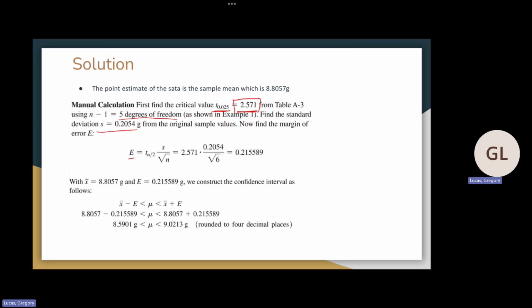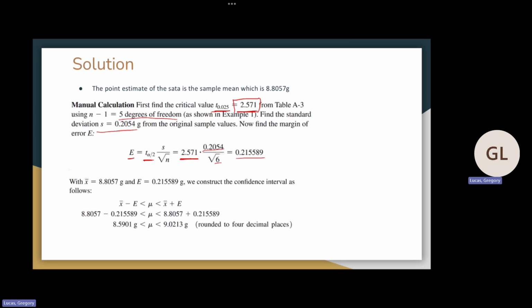And then we're going to plug it in for the margin of error. Our critical value we found from our table, that's this 2.571. We plug in our standard deviation and our square root of n. We multiply, and we get 0.215589.